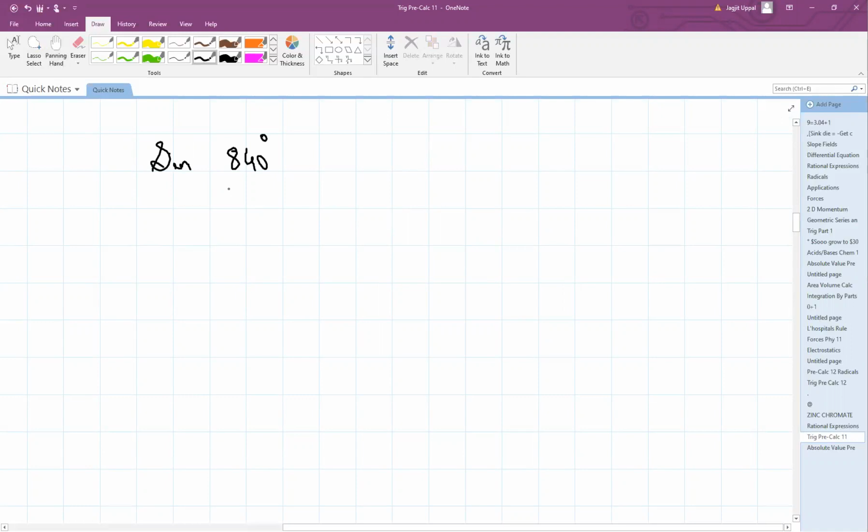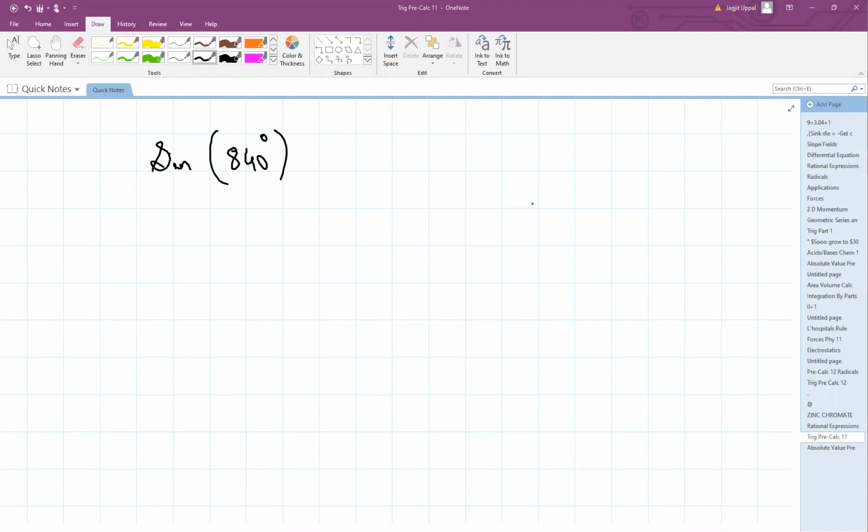They could ask you to find sine of 840. Okay. Now, anytime you have an angle which is not between 0 and 360, we can use something called coterminal. Have you learned about coterminal in class yet? Reed, have you heard about coterminals?